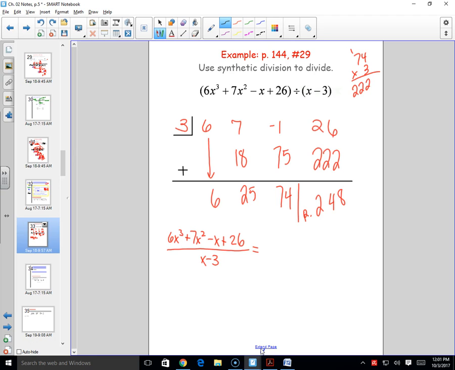Good. We had an x cubed. If we take away a linear from an x cubed, we're going to have a quadratic left. It's a positive 25. It's a positive 74. So whatever this term was, this was our x cubed term.